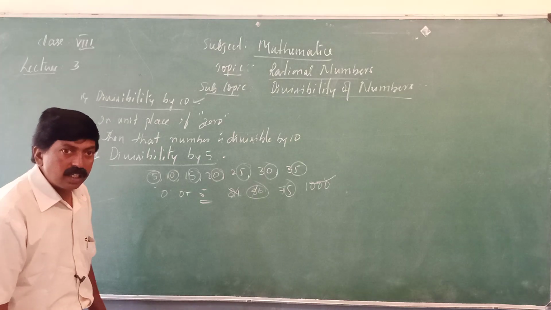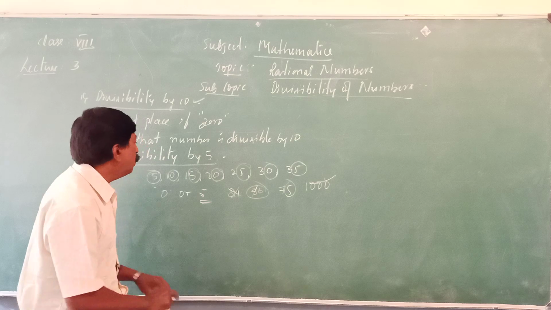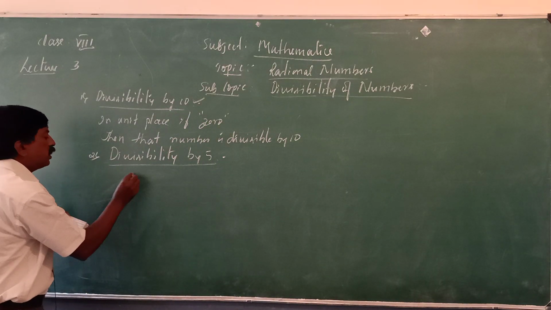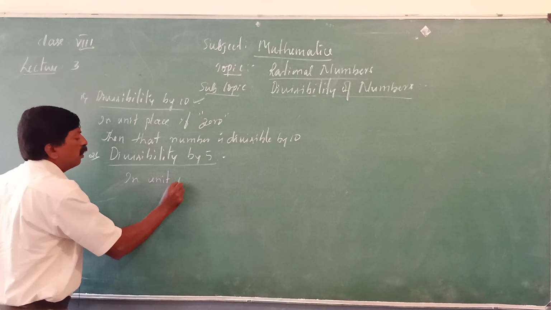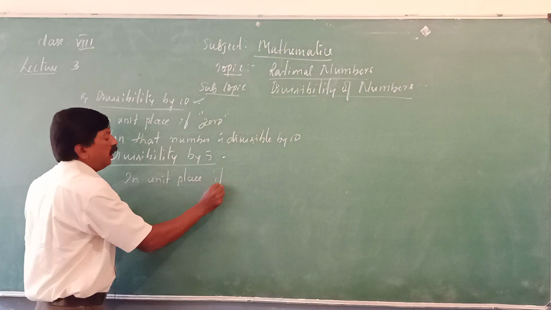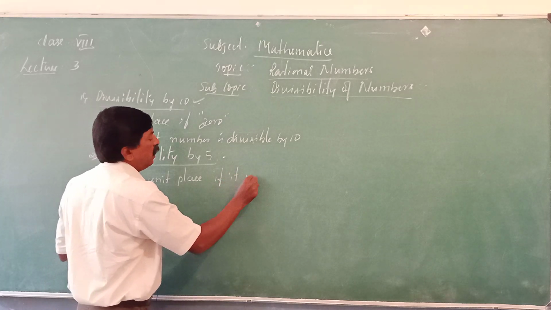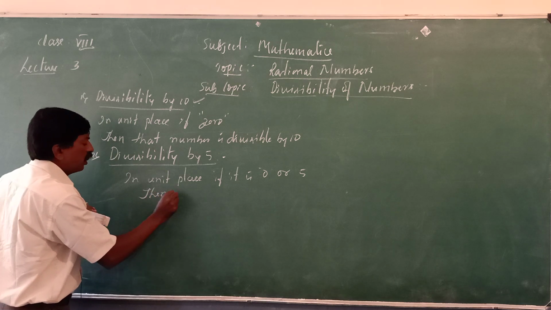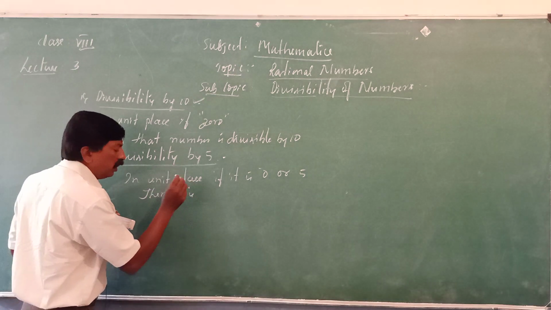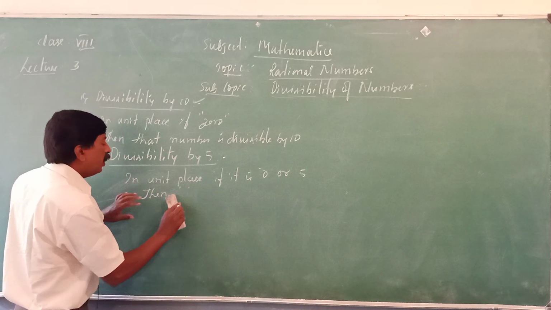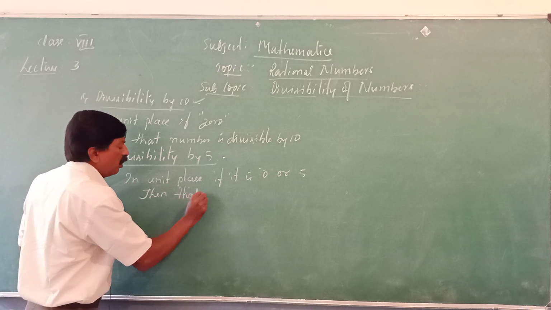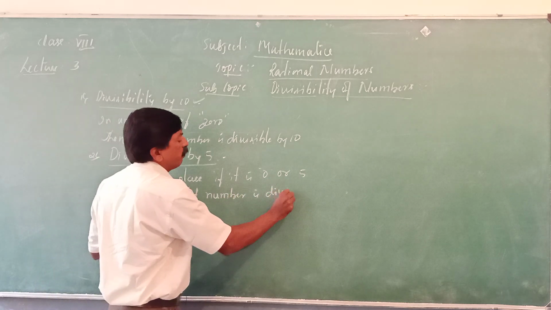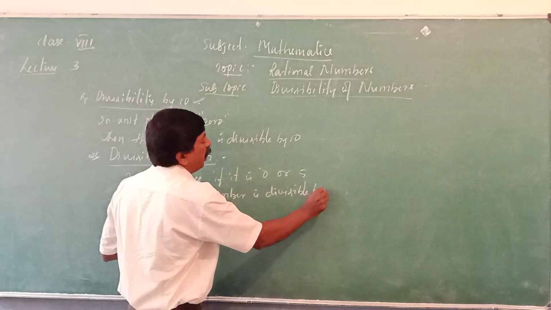If the unit place consists of 0 or 5, then that number is divisible by 5.